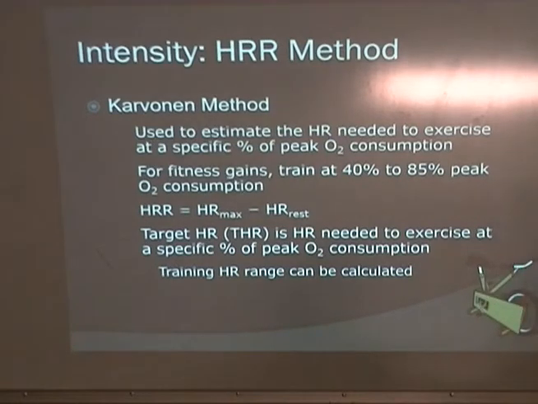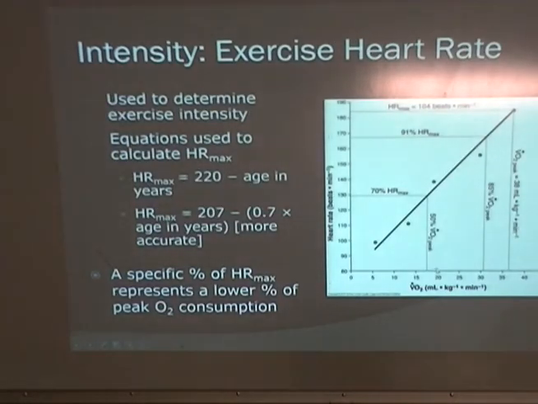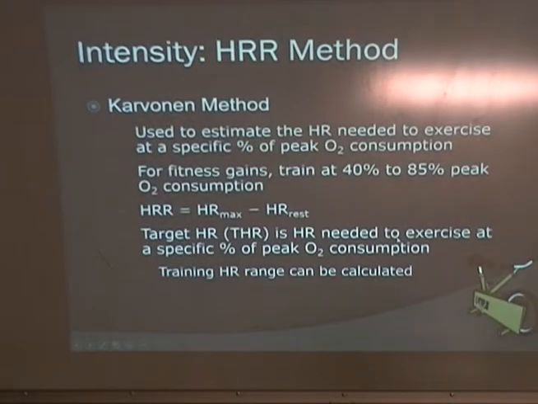so here we can estimate the heart rate to work at a specific percentage of VO2. So if I go back here, so if my program says 85% VO2, that isn't 85% of my heart rate max. What would my heart rate be at 85% VO2 peak or VO2 max? Right, that's what we're looking for on this second method.